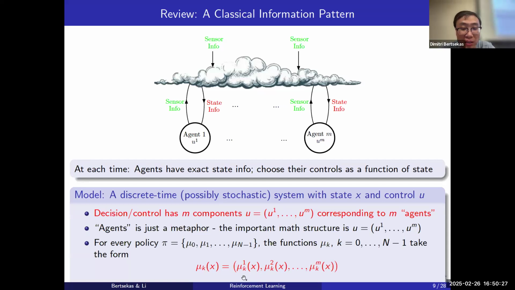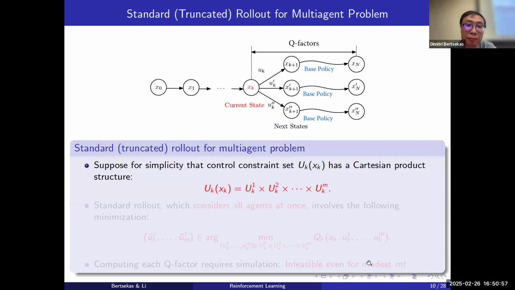The important thing is that all of them share the same information, which is X. At the same time, they are coupled in the sense that the whole thing collectively should satisfy the control constraint, right? So those two are the characters you should bear in mind.